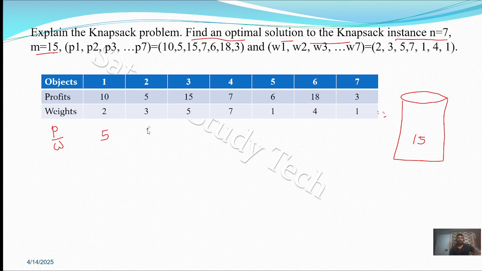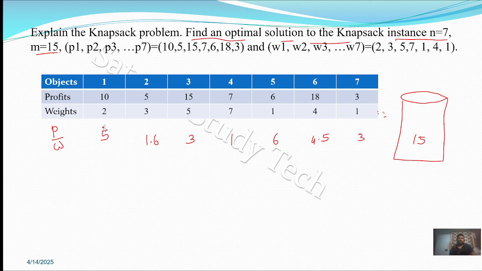Similarly, 5 by 3 is 1.6, 15 by 5 is 3, 7 by 7 is 1, 6 by 1 is 6, 18 by 4 is 4.5, and 3 by 1 is 3. So these are the profits per kg.